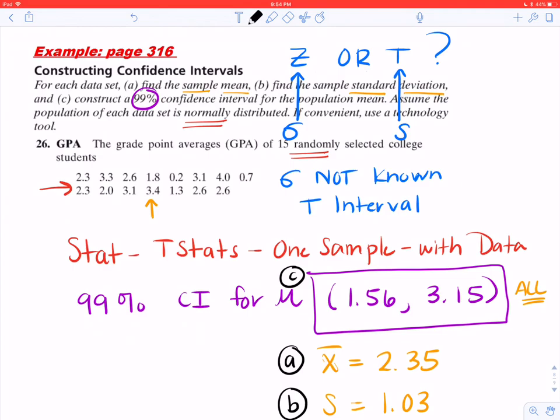If you need additional clarification in StatCrunch, I've done a couple of other things. One, I posted completed notes for you. And in those completed notes, I put screenshots from StatCrunch. So if you need to, go back and just refresh your memory, you can go there. I also posted the StatCrunch video for you.